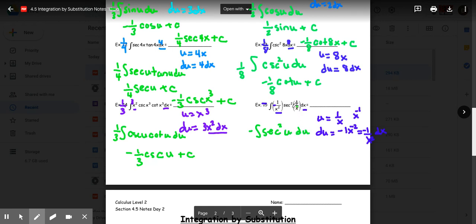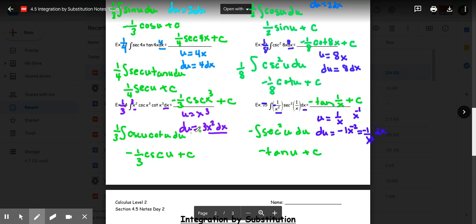The u replaces the 1 over x. The rest of it is my du. And secant squared integrates to tangent. So negative tangent of u plus c. And you plug your u back in. So negative tangent of 1 over x, that's our u, plus c.